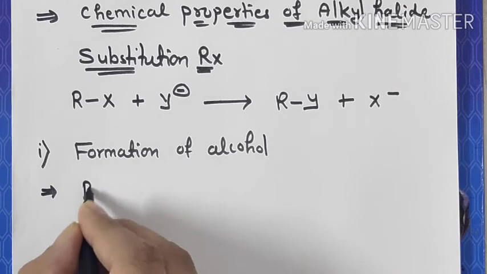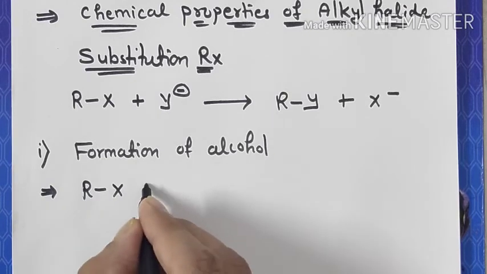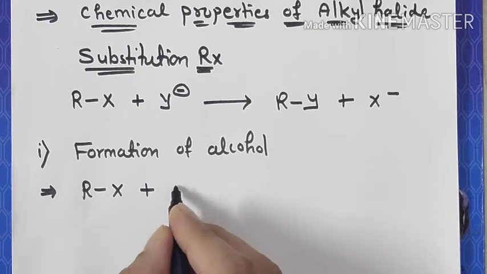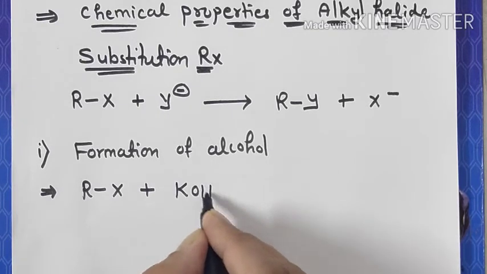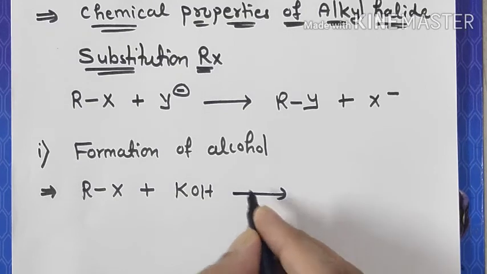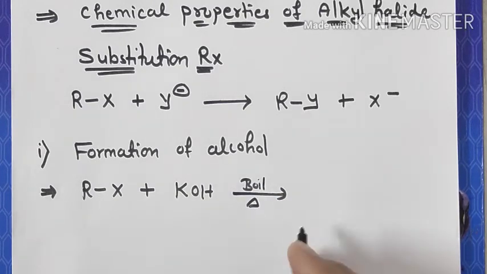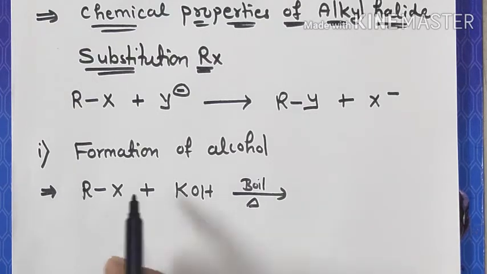We take alkyl halide RX, and this alkyl halide is treated with aqueous KOH or NaOH. Suppose I take aqueous KOH and heat this. What will happen? Now students, let's understand.